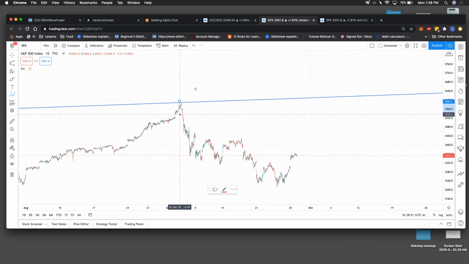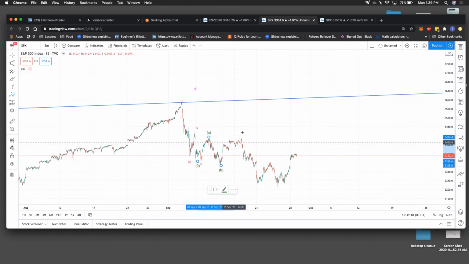This is pretty clear, unclear 1-2, but it would probably look like that. Wave 3 and wave 4 and wave 5. And I would probably call this an ABC flat for a wave 2.